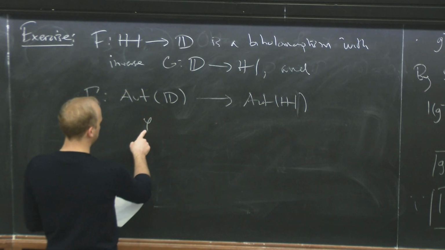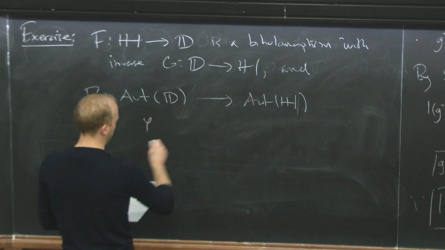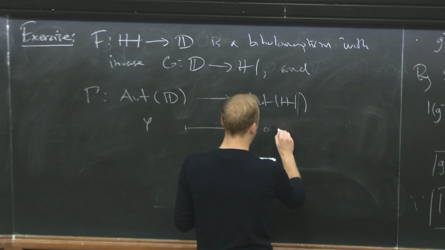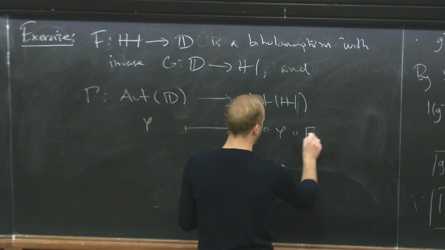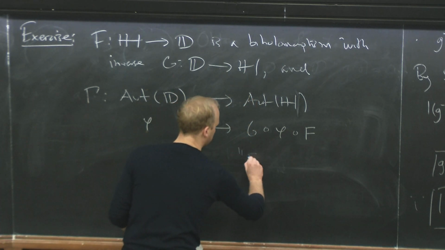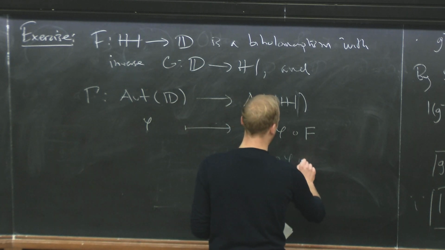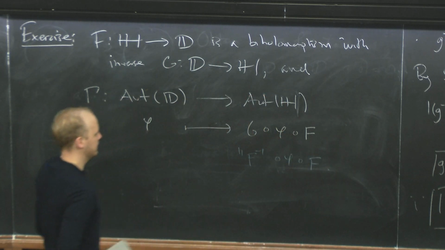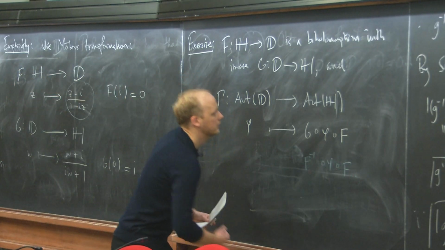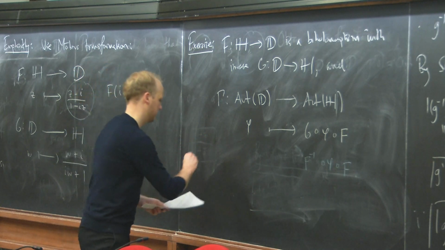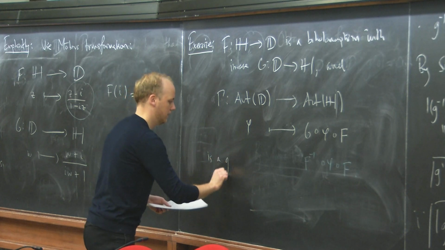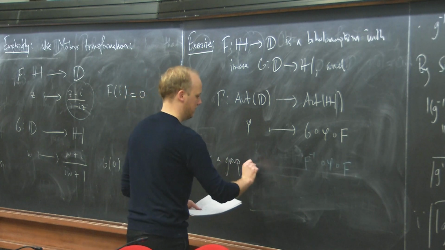So if we take an automorphism phi, which is a map from D to D, then we want to send this one to F inverse composed with phi composed with F. So this is some sort of conjugation. And this one gives an explicit isomorphism of groups. This is the claim: gamma is a group isomorphism.